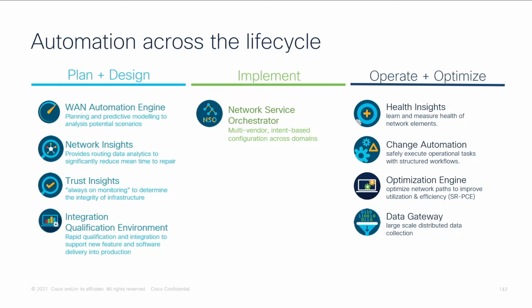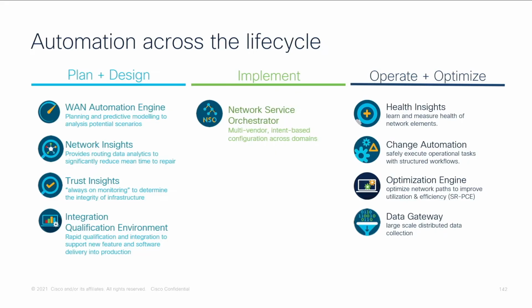So when we're planning our networks, when we're designing our networks, the Crossworks Network Automation Suite comes with a set of products that will give you insights and analytics to better design your infrastructure. Equipped with this knowledge, we can always use NSO to implement those configuration changes into the infrastructure. And once we're done, in continuously changing environments like networks are, we need to constantly monitor and optimize the operations.